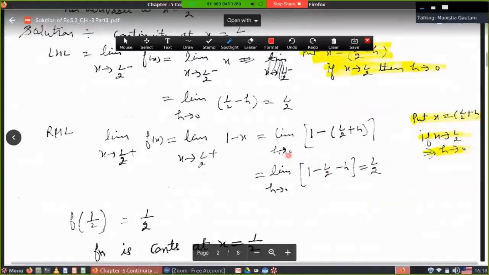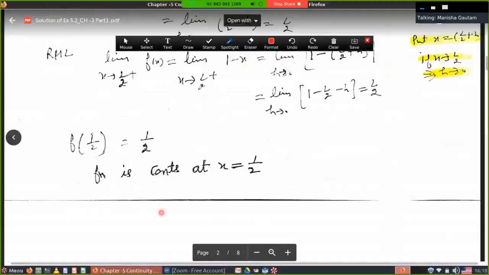It means the limit changes. Now simplify it, put h equal to 0, you are getting half. The value of the function at half is half. It means the function is continuous because the left limit, right limit and the value at the point, all three values are the same.